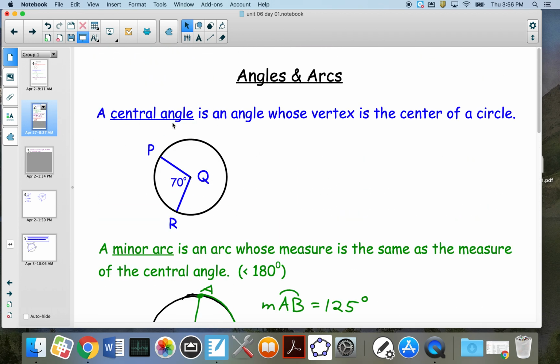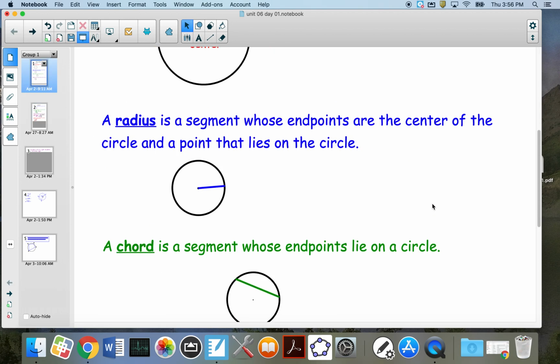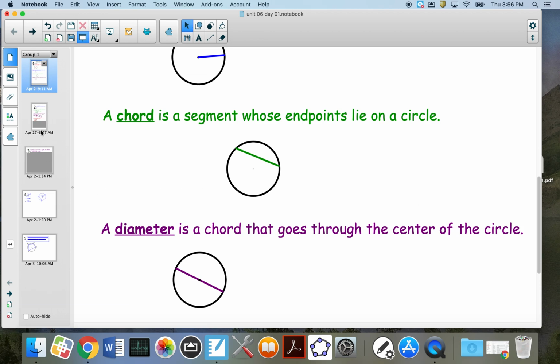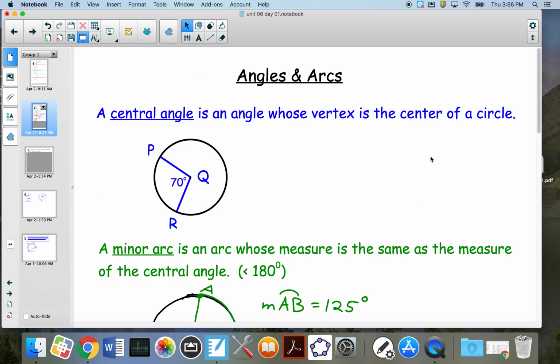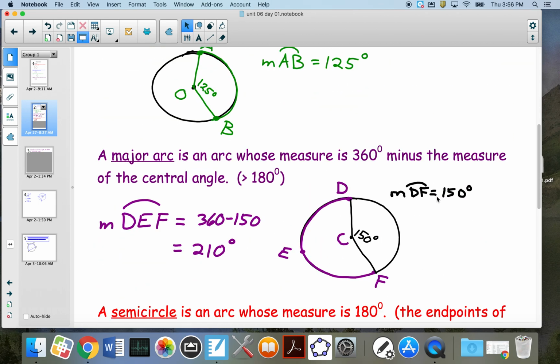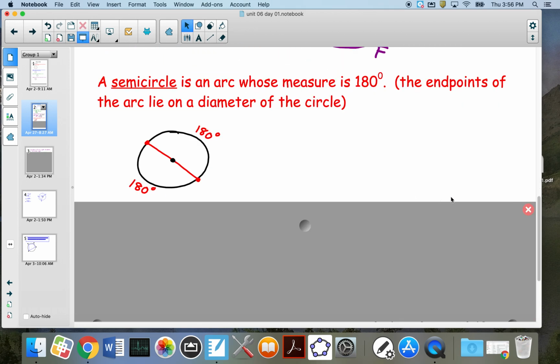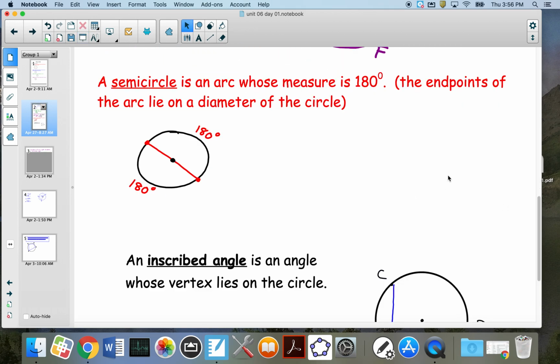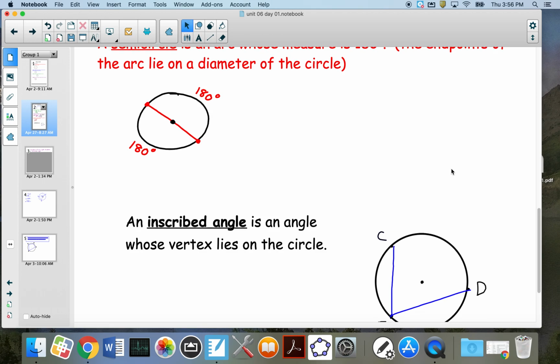So we have segments associated with circles: a radius, a chord, and a diameter. And then we have angles and arcs associated with a circle: a central angle with the minor arc and the major arc, and the semicircle. And one other important angle is called the inscribed angle.